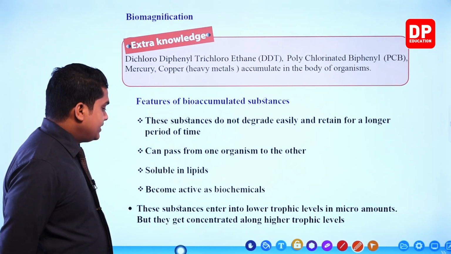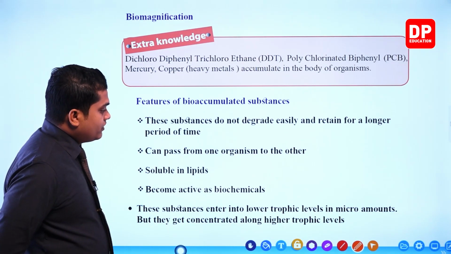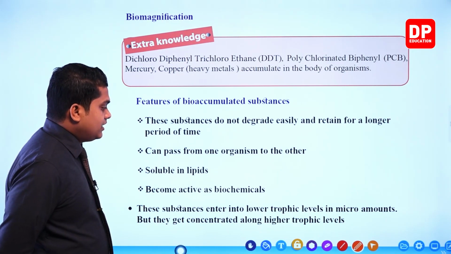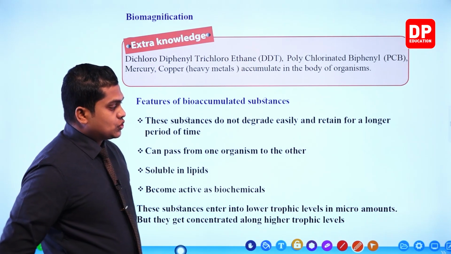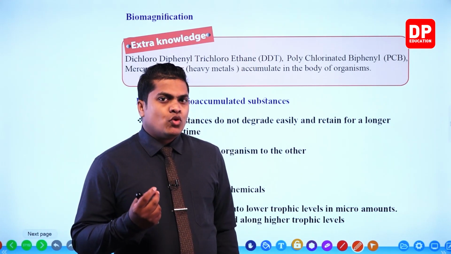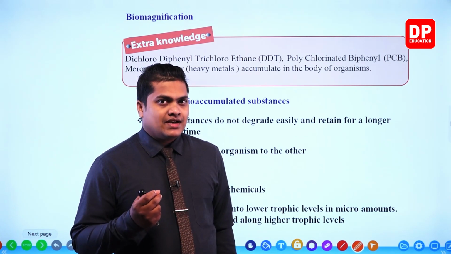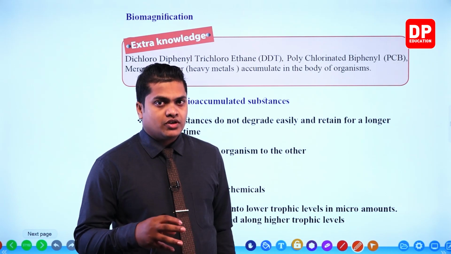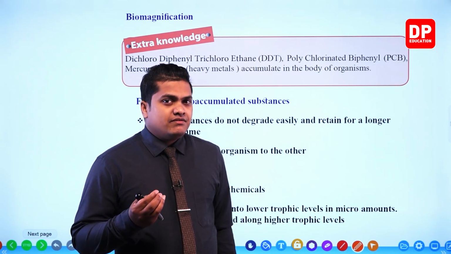Next one, these substances enter lower trophic levels in micro amounts, but they get concentrated along higher trophic levels. Like we discussed, my dear children, in very small amounts these substances get collected on the bodies of smaller organisms.